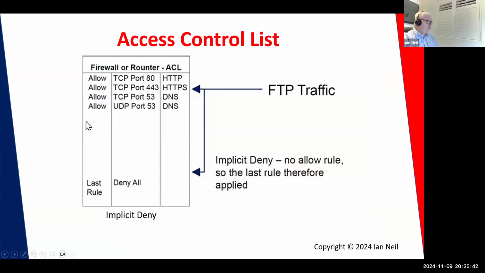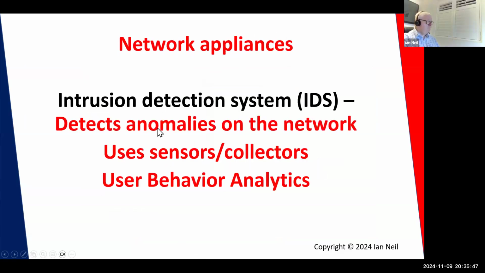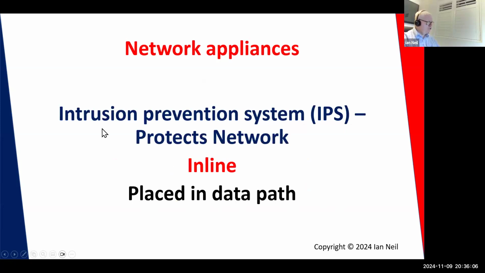The access control list, only the router or firewall uses it. Network appliance, the intrusion detection system, he detects anomalies on the network. He uses sensors and collectors, and he's got a thing called user behavior analytics. He knows what the patterns should be. Then we've got an intrusion prevention system. An intrusion prevention system, he protects your network.